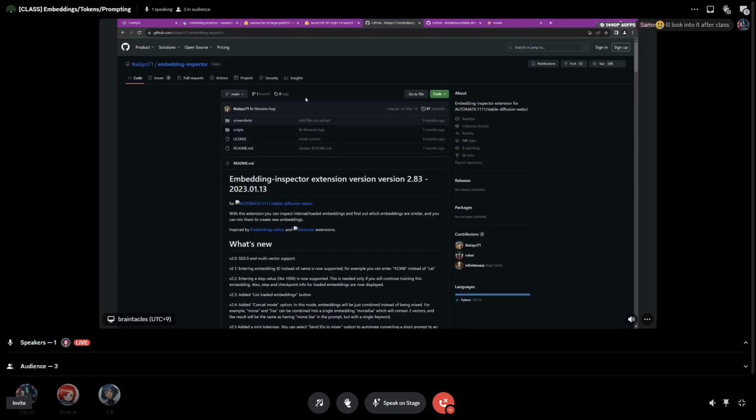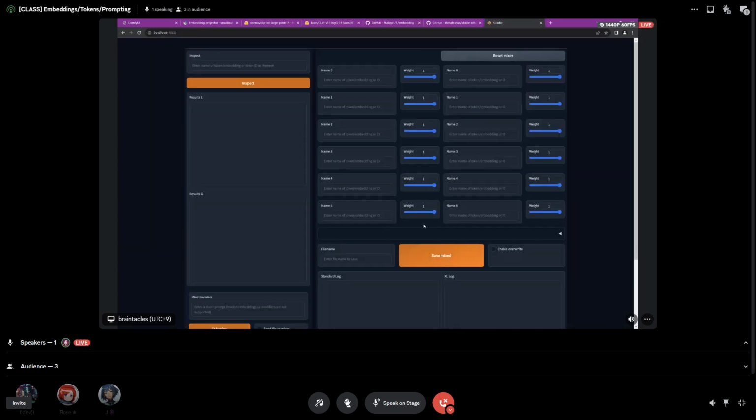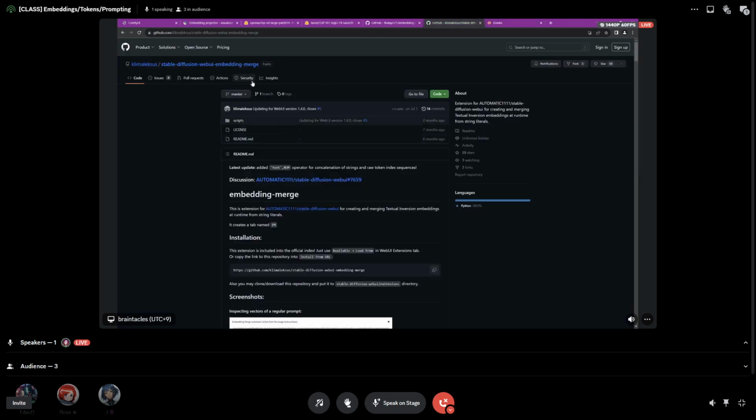Yeah, so that's the embedding inspector. We're going to dive deep into this a bit later. And the embedding merge does what it says. It allows you to merge embeddings. Just like the other one, it does not support Stable Diffusion Excel.